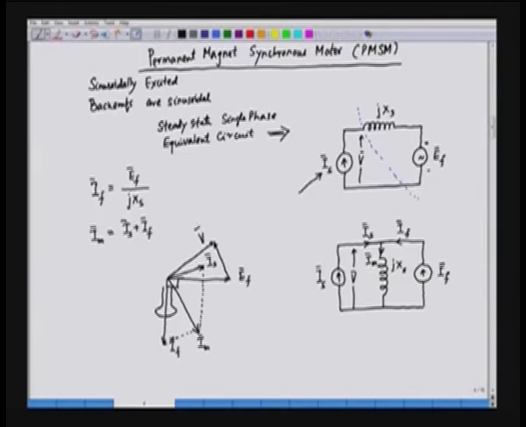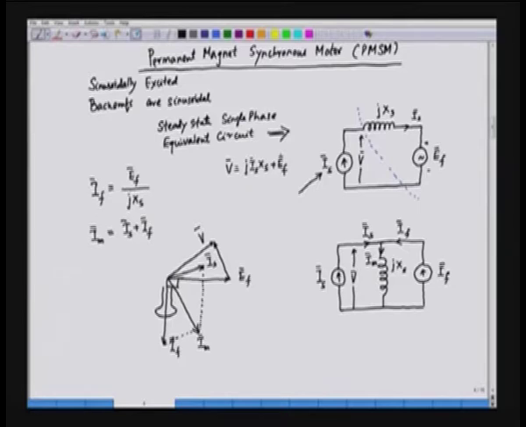and V can also be evaluated in the following fashion. In this equivalent circuit, we can say that V is equal to, this is Is, j Is Xs plus Ef.